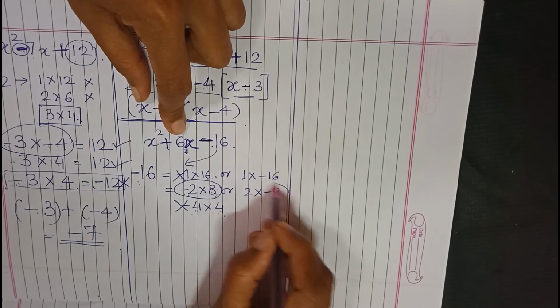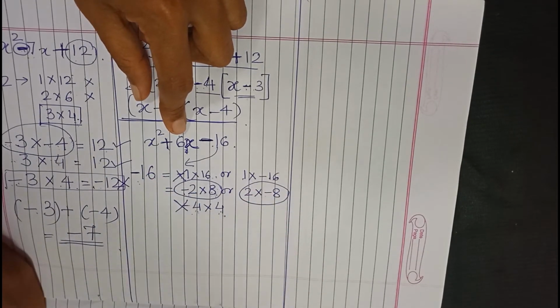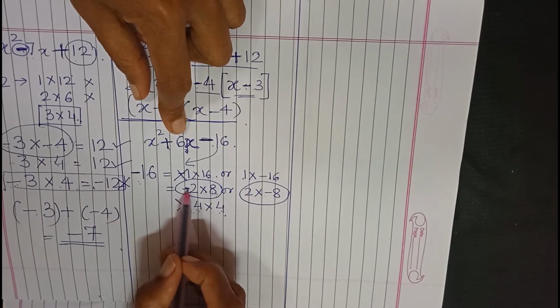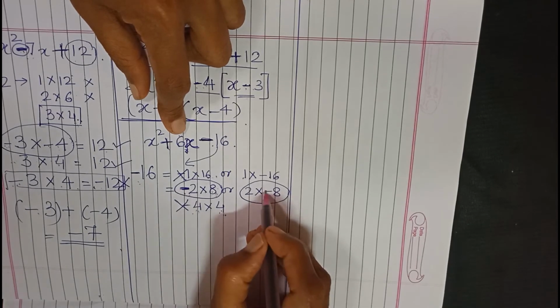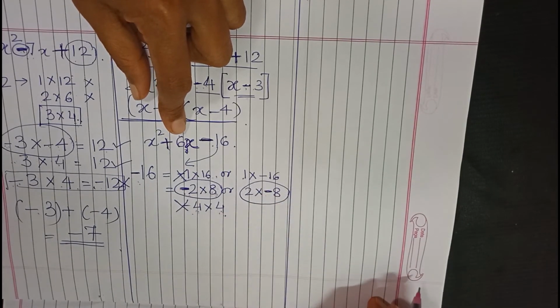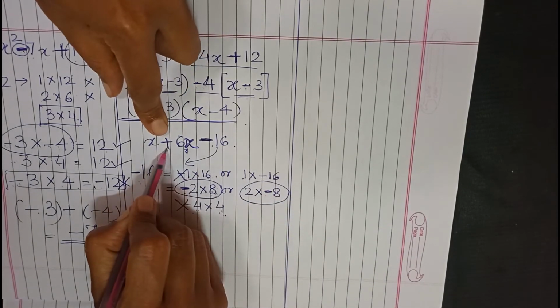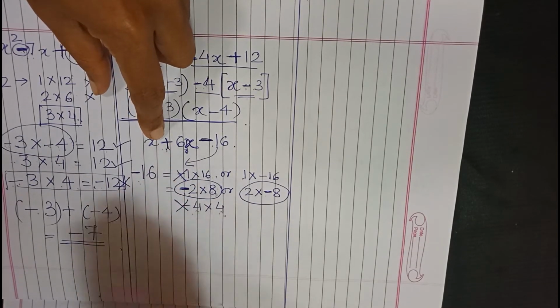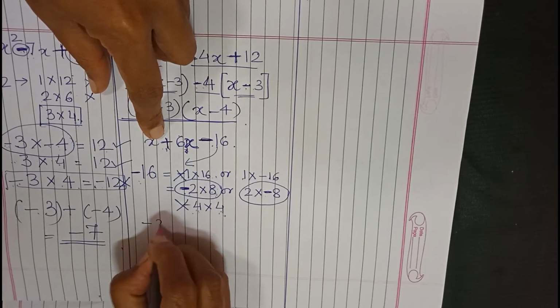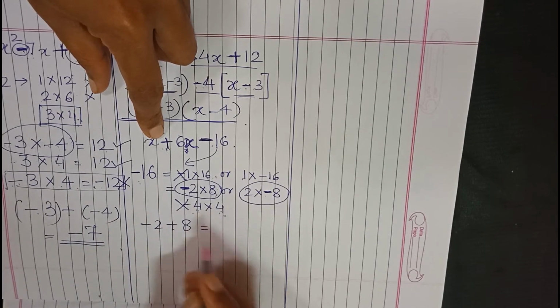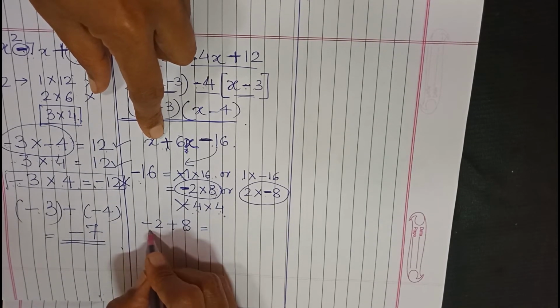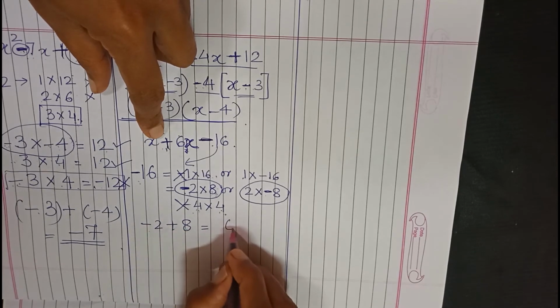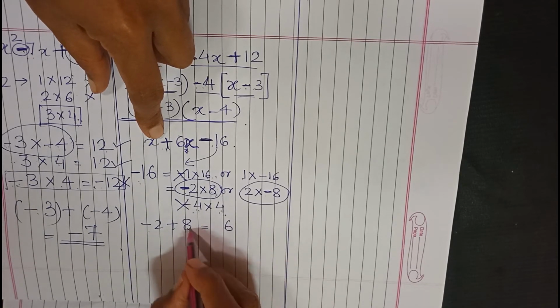So I have two options. Now which one to take negative? I have to decide. One number is going to be negative. So it will be minus 2 or minus 8. How to decide? By looking at the sign here. Now here the sign is plus. Now you know when we do subtraction, let us say minus 2 plus 8, one number is plus, one number is minus. So we will do the subtraction and give the sign of the bigger number 8.